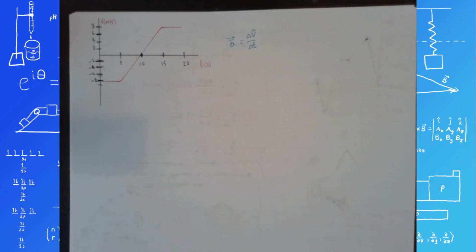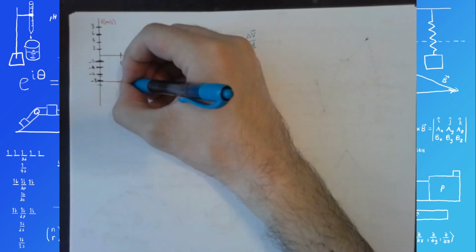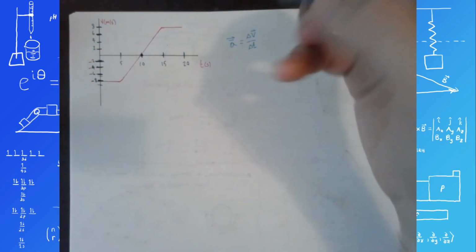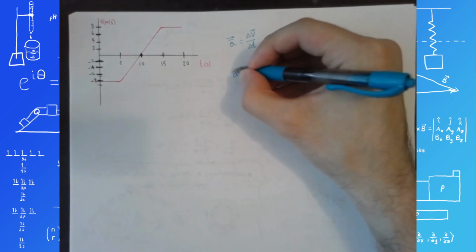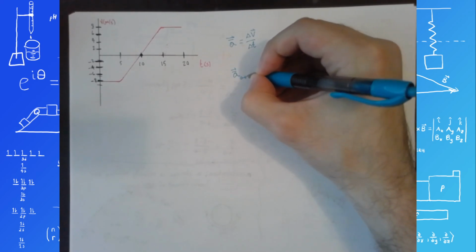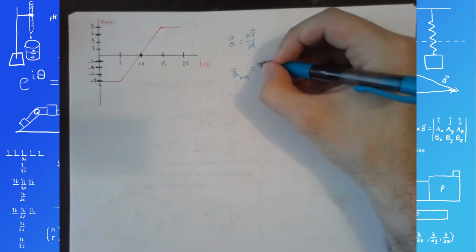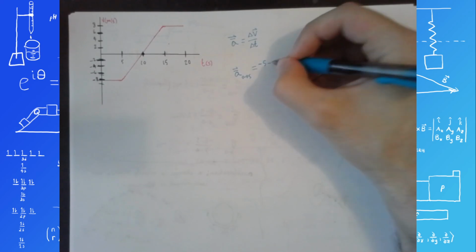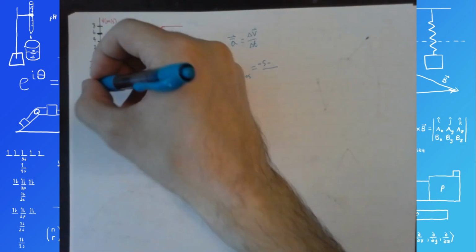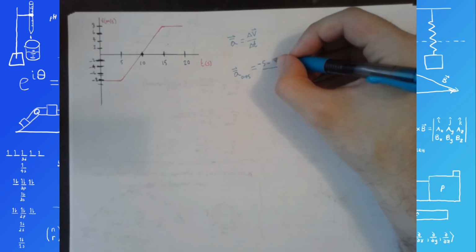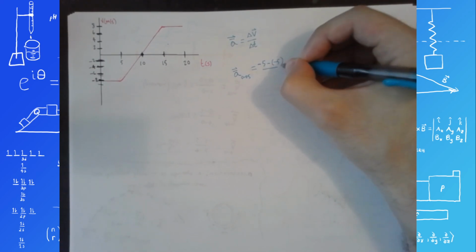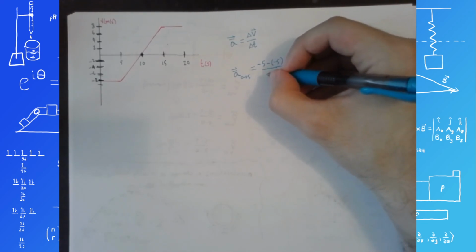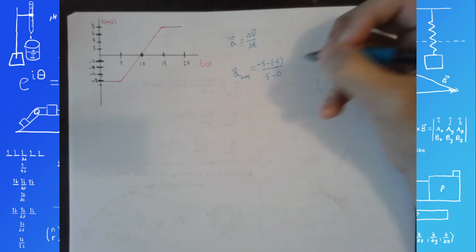Find from 0 to 5. So from 0 to 5, velocity at 5 is -5, give or take, minus velocity at time 0 is also -5, over the total time of 5 seconds minus 0 seconds.